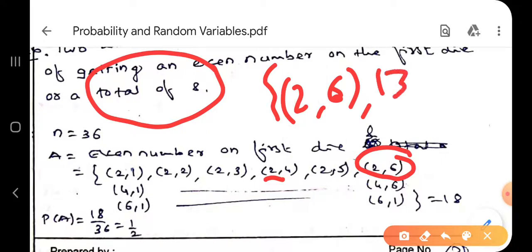Yes, 3 5 you may get, 3 plus 5 is 8. Okay, next 4 1, 4 2, 4 4. Yes, 4 4 you may get.